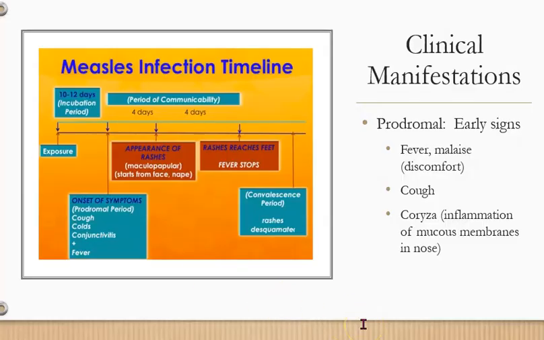Early signs of measles, you're going to have fever, malaise, discomfort, cough, inflammation of mucous membranes in the nose. The incubation period is 10 to 12 days.